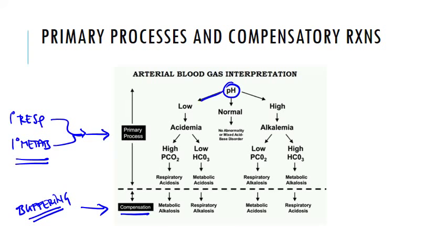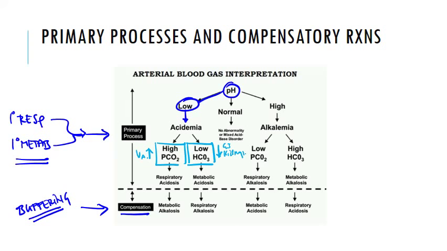So if somebody has a low pH and we've determined that they are acidotic, we need to ask ourselves, are they acidotic because they have high PCO2, meaning that there's a ventilatory defect, or if they have low bicarbonate, meaning that there's maybe some sort of GI issue, or some sort of kidney issue.